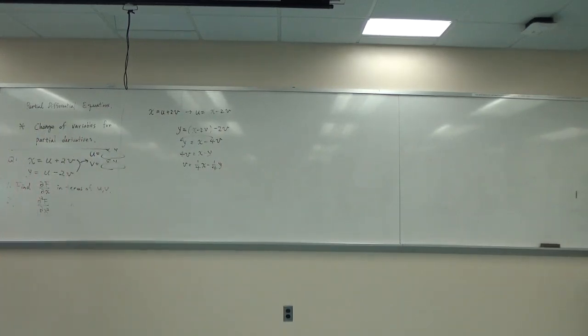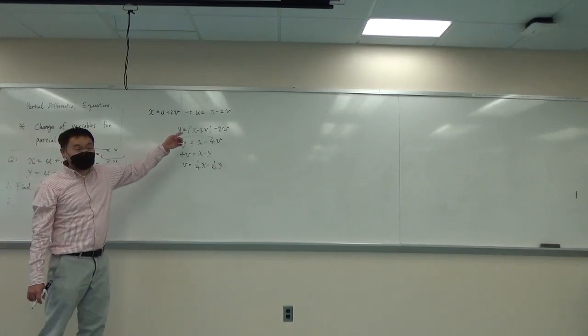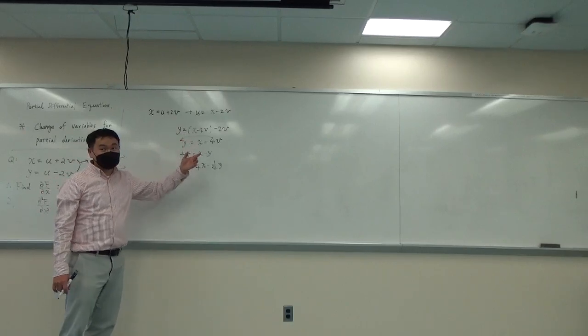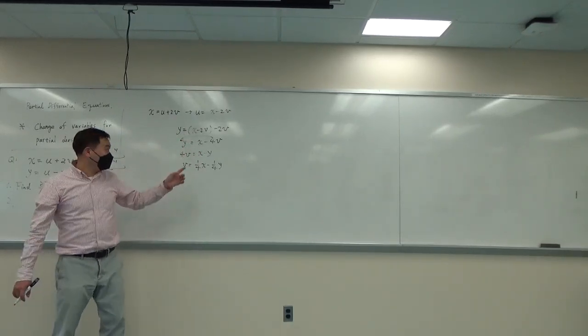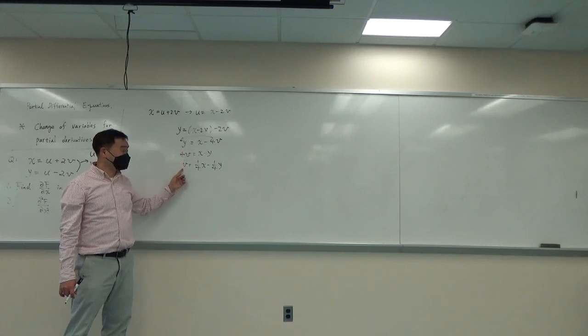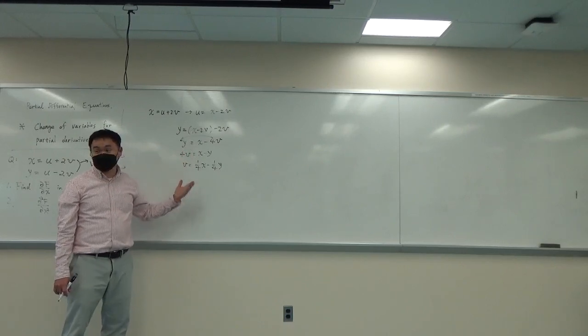If you think about what we're doing, it's like you have two unknowns, u and v, and think of x and y as the given. And how do you solve a system? You solve for one of the variables. So solve the first equation for one of the variables, and you plug into the next one. That's exactly what I did. Since I'm trying to find u or v, and I only have v, that's good. So I solved it for v, and that's it.